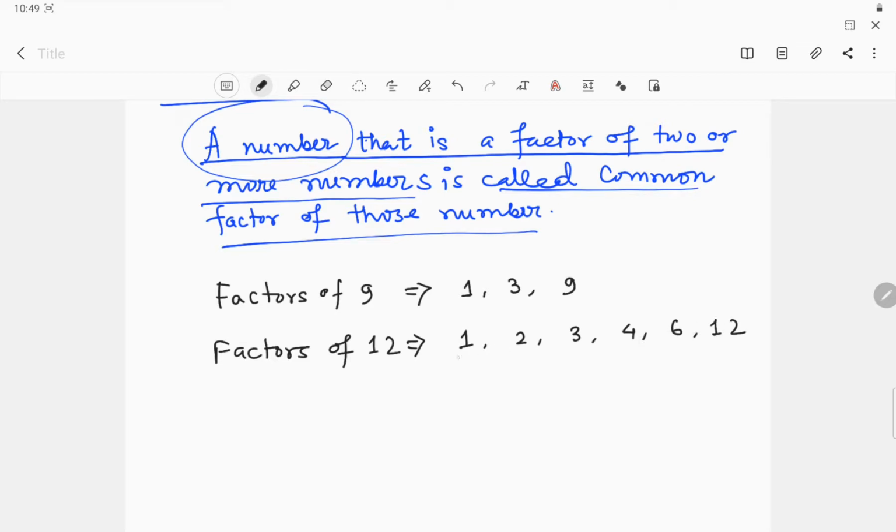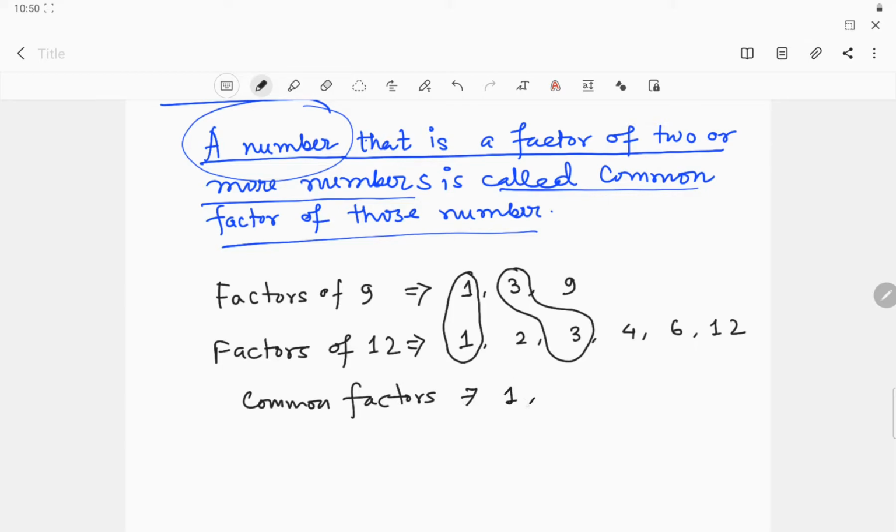These numbers are completely divisible, so they are factors; any other numbers are not completely divisible, so they are not factors. Now which ones are common in both? 1 and 3. So the common factors are 1 and 3, right?